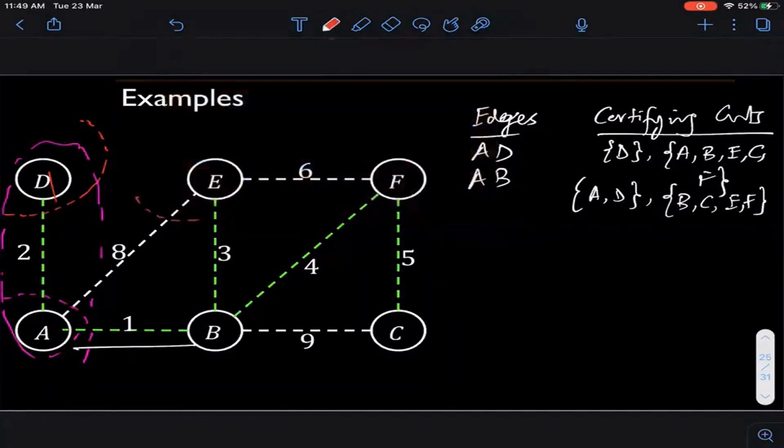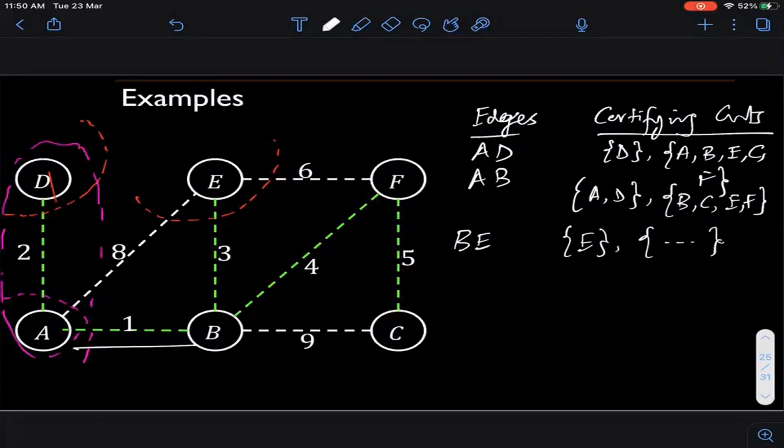So again, if I just take this one, then this 3 wala jo hai, that is the minimum. That is the certifying cut. Okay, right? So for BE, E and everything else. Yeah.